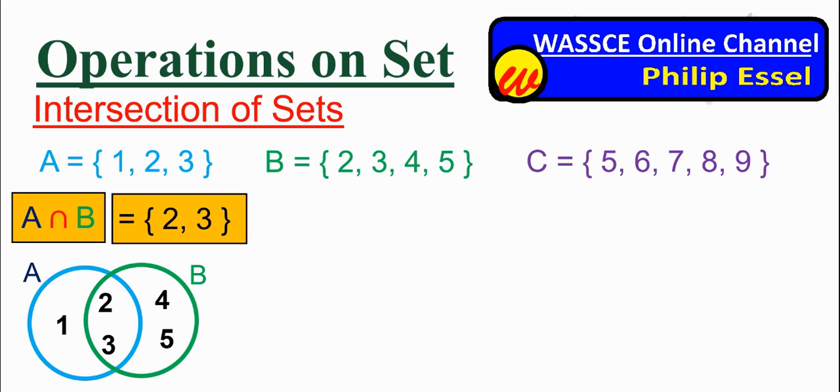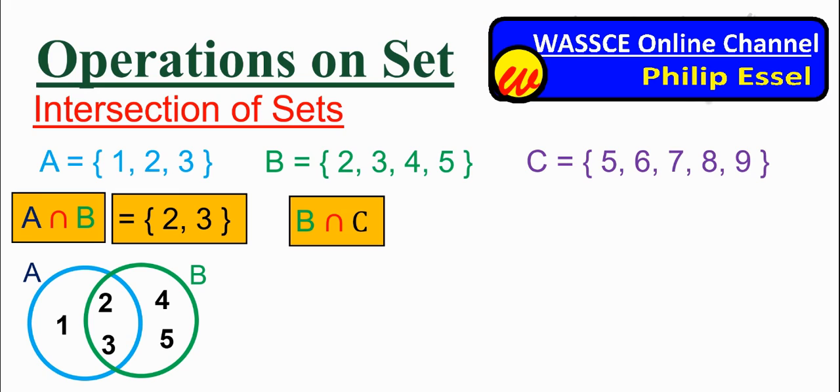Now, let's find B intersection C. This is our B intersection C. So we have B followed by our intersection sign, then C. Now, how do we find B intersection C? So we go to the two sets, set B and set C, and we look for members or elements that can be found in the two of them at the same time.